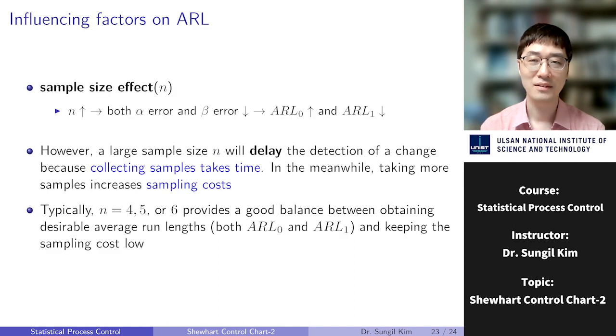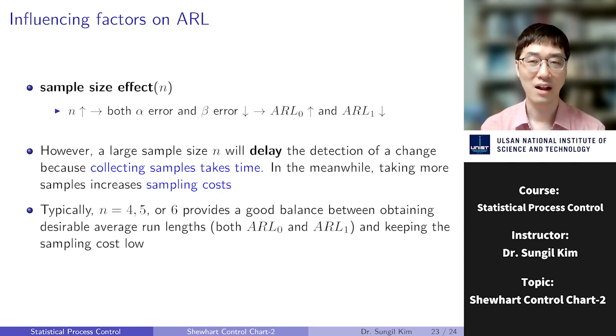Let me point out the effect of sample size on ARL. As the sample size increases, it is known that both alpha error and beta error decrease. Therefore, ARL0 increases and ARL1 decreases. Consequently, the performance of the control chart improves.